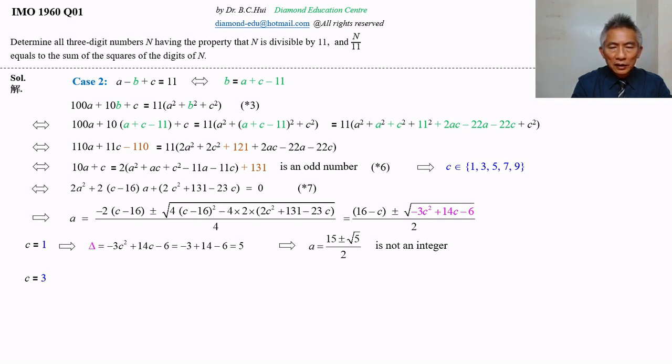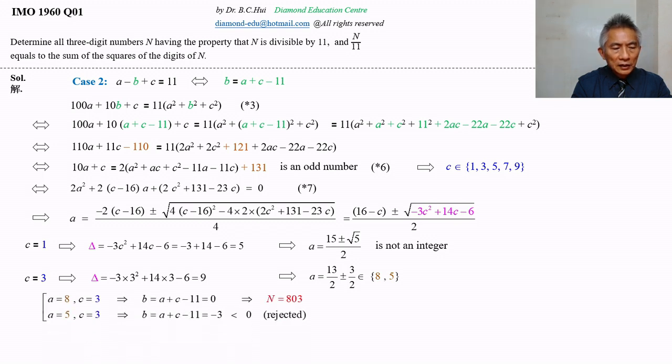If we consider c equals 3, the discriminant equals 9. And a could be either 8 or 5. If a equals 8 and c equals 3, b equals 0 and n equals 803. If a equals 5 and c equals 3, then b equals minus 3, which is a negative number, so this is rejected.